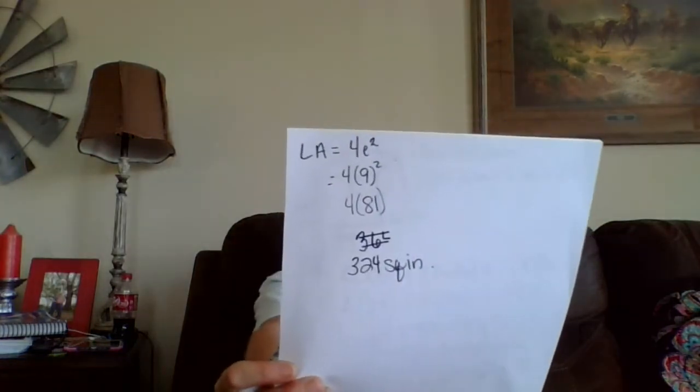So you're going to go 9 squared times 4. We know 9 squared we just did, that was 81. Times 4 is going to give you 324 square inches. I apologize, I'm messing up.